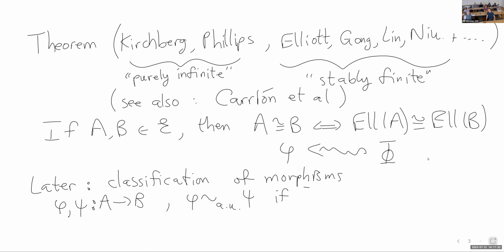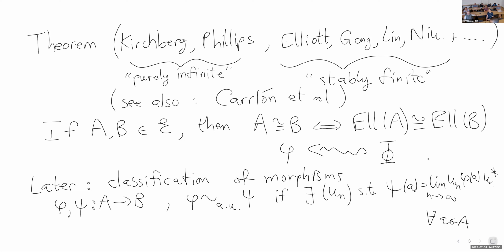there's a sequence of unitaries such that phi is the limit of u_n psi u_n star, for all a in A. All right, so that's what approximate unitary equivalence means.